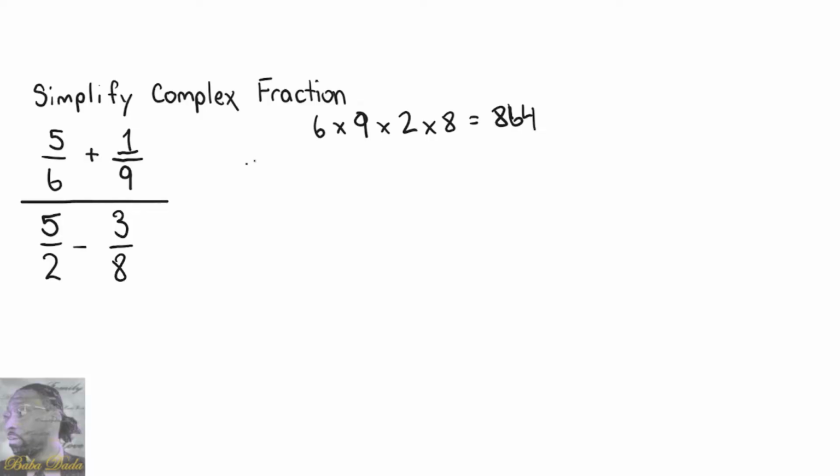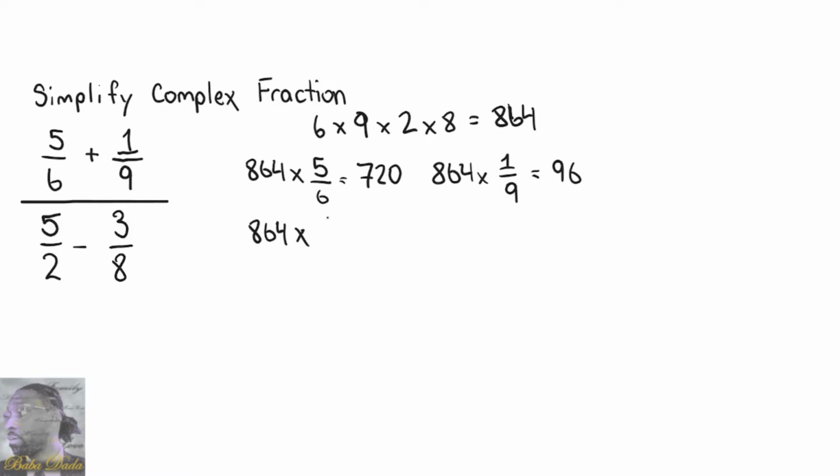So we take 864 and multiply by 5 over 6, which equals 720. Now we do the same thing with the next fraction: 864 times 1/9, which equals 96.